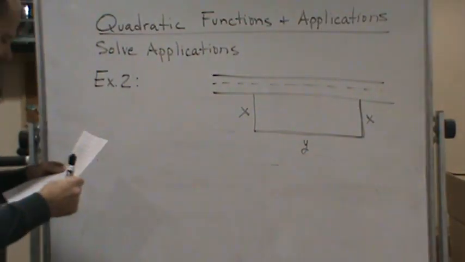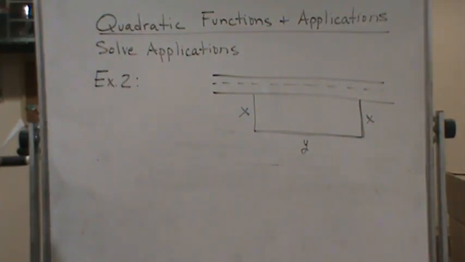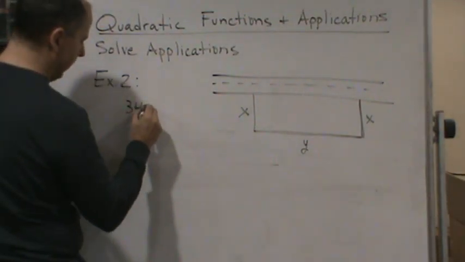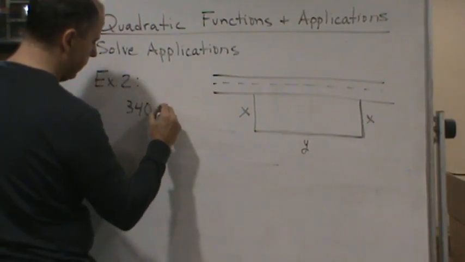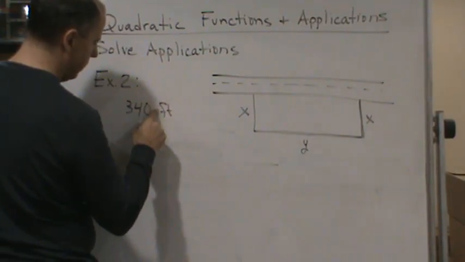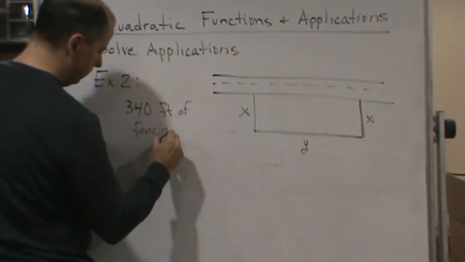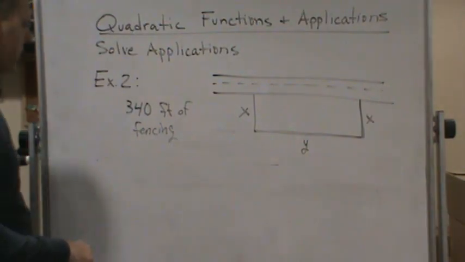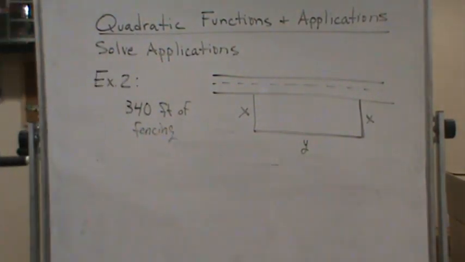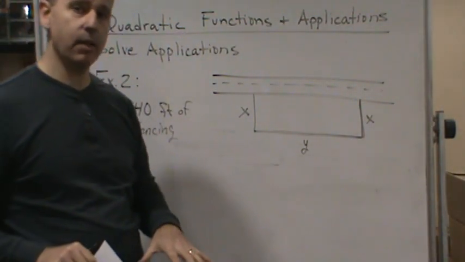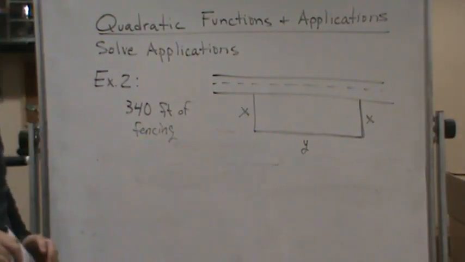In this case, we only have 340 linear feet of fencing. So we want to use all 340 feet, no more, no less, and we want the dimensions of the parking lot to be such that the area is maximized.